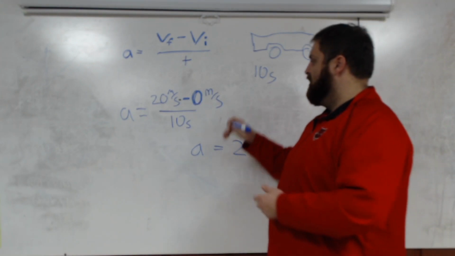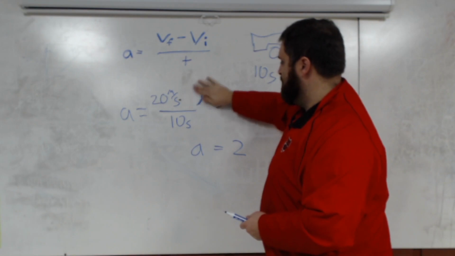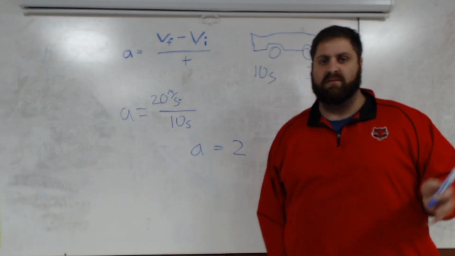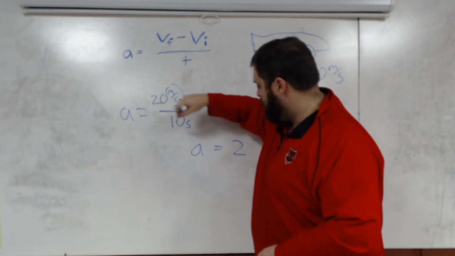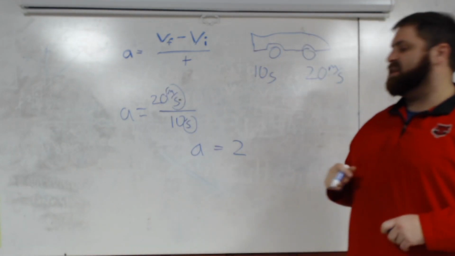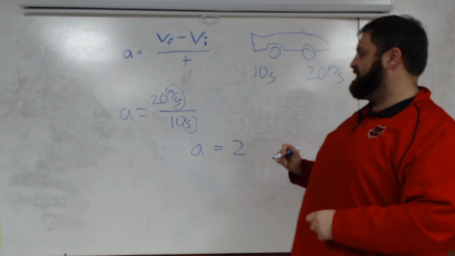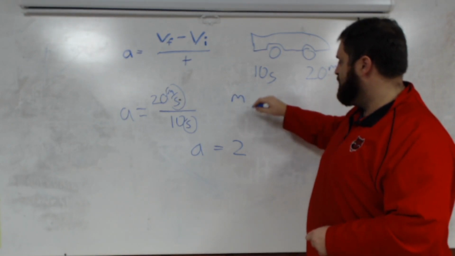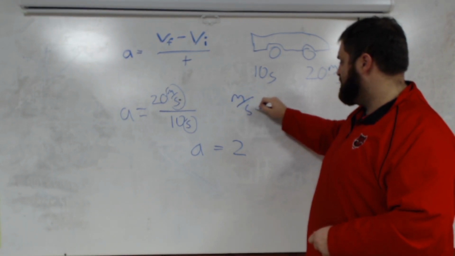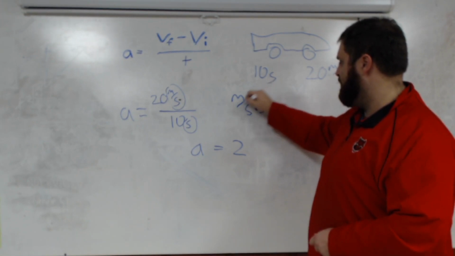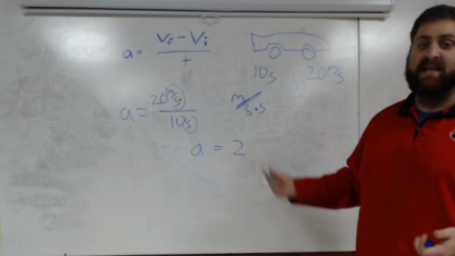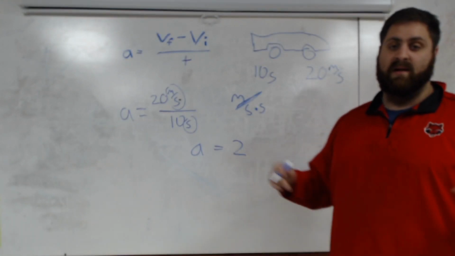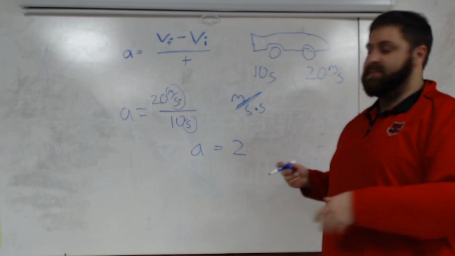Minus 0, you can essentially get rid of that. So we have meters per second, and we have seconds down here. Meters per second divided by second is the same as meters per second times second, all on the bottom. And seconds times seconds, that's seconds squared. Anything times itself is that number squared.